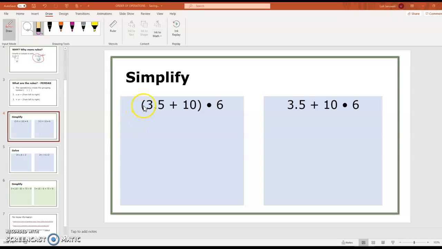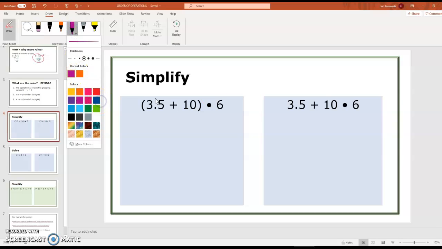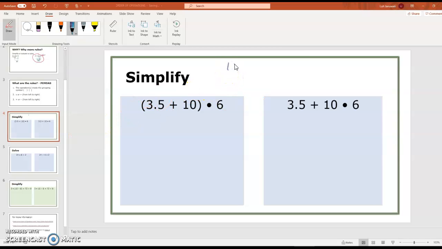It says simplify. One of them has parentheses, exactly the same numbers, but without parentheses. Remember to write down your rule first: parentheses, multiply or divide from left to right, and add or subtract from left to right. So in this case, since you have parentheses, you do that one first, and then you multiply.